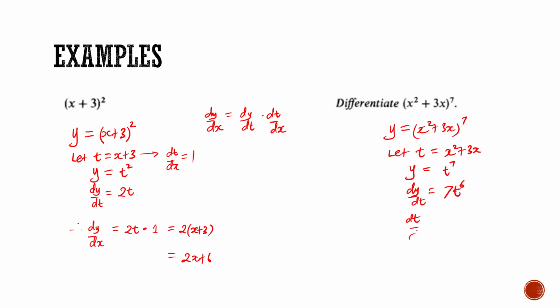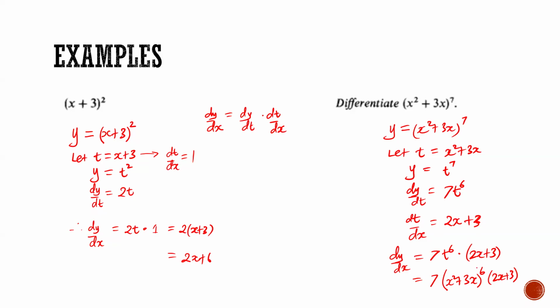And then dt/dx will be 2x plus 3. We can write dy/dx as 7t to the power 6 times 2x plus 3. What is t? t is x squared plus 3x. So 7 times (x squared plus 3x) to the power 6 times (2x plus 3).